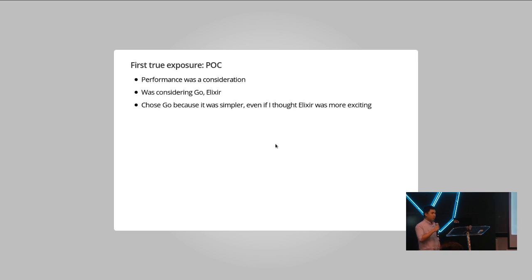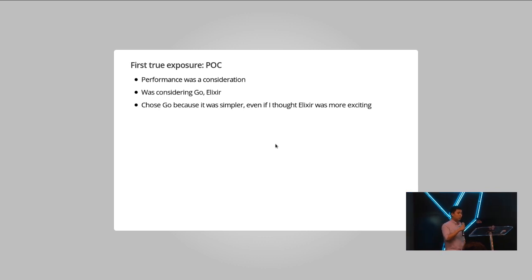I personally wanted to use Elixir more. It was more interesting to me, especially because I hadn't used functional programming yet. But after a couple of days of thinking about it, I chose Go because it was simpler, and I figured it would be easier to pick up. So I wrote a proof of concept in Go, and I really fell in love with it. I decided to look for a job that used it full-time, and that's how I ended up in Brancas.